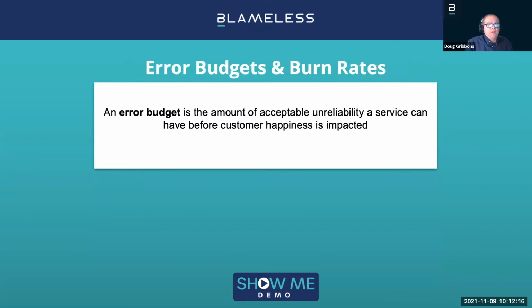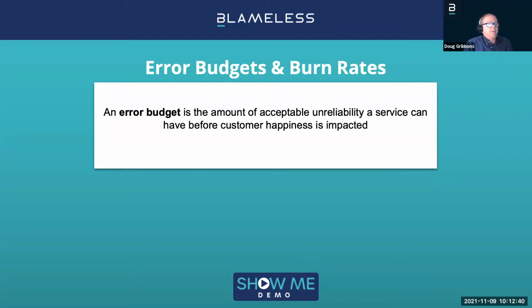So I promised a couple of other terms or definitions, if you will. The first one is what we call error budget. We just saw that with three nines of availability, we essentially have a little more than 43 minutes of time to be unavailable per month. Those 43 minutes in essence are what we call your error budget.